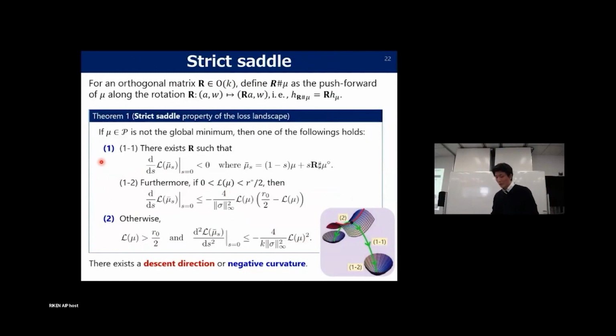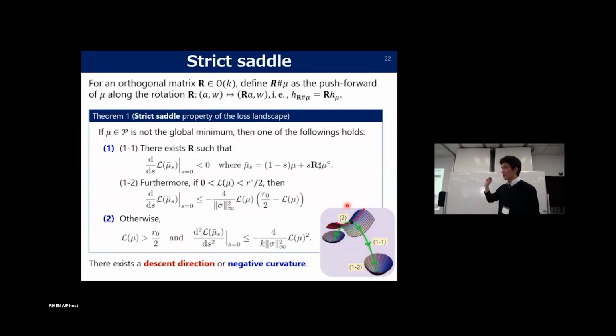More precisely, for each point mu, either condition 1 or 2 happens. Condition 1 is that you can find descent directions. Otherwise, the solution is on a critical point, a saddle point, and then you can find negative curvatures.